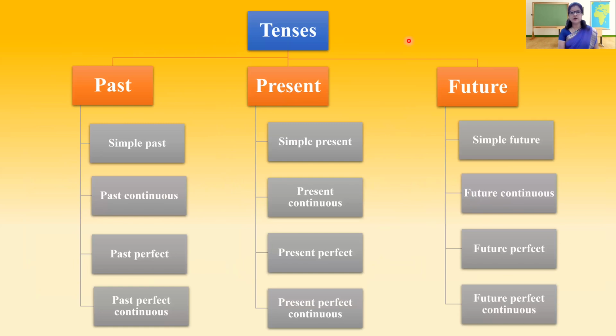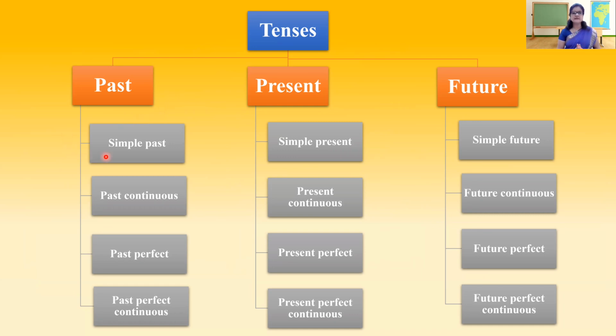Now I'm going to teach you tenses. Here, all of you know there are three types of tenses. What are those? Past, present, and future. In each category we have four different tenses.